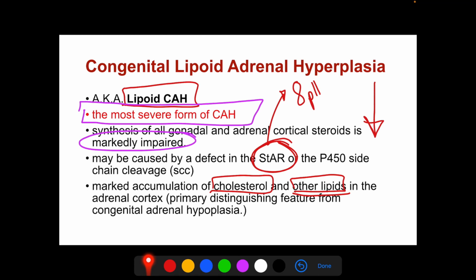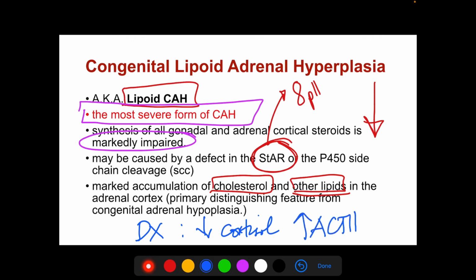For the diagnosis, we can see here that there is extremely low cortisol because what is affected? It's the adrenal gland. And of course, because there is decreased cortisol, there is elevated ACTH, and of course, increased renin activity. So that is for lipoid CAH.